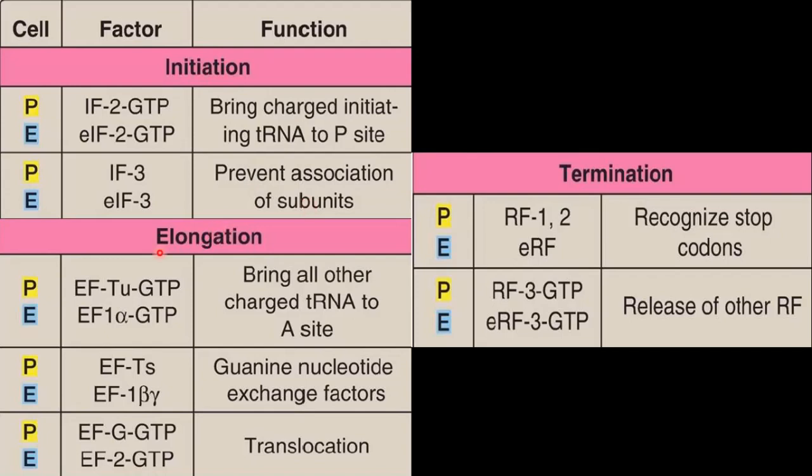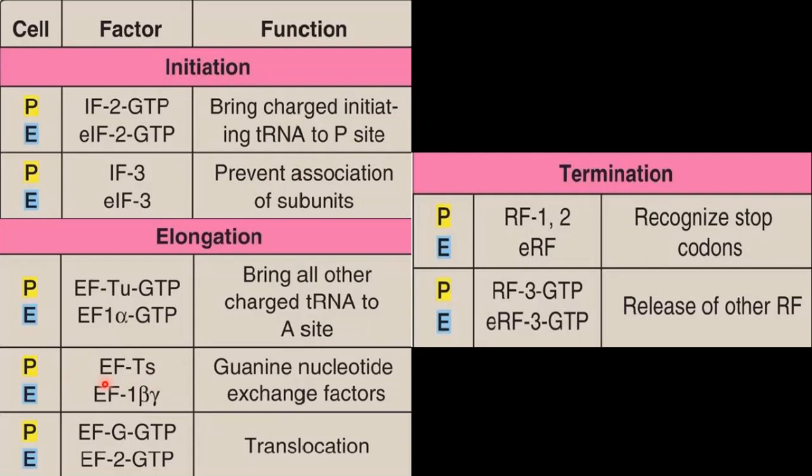Then elongation. In prokaryotes, you have the elongation factor TU-GTP, which is synonymous to the eukaryotic elongation factor 1 alpha GTP, and this one brings the other charged transfer RNA to the A site. So you see only the special initiator transfer RNA is brought to the P site by an initiation factor. The other ones are brought by the elongation factors.